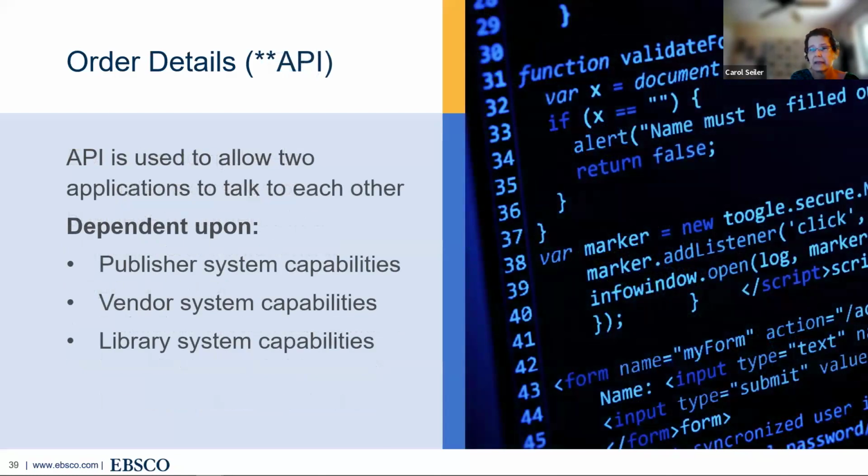Then there's also API. API is a newer kid on the block. This is when applications talk to one another, not just computer to computer, but application to application. This is often used with, say, renewals. You might want to download the renewal decisions you've made and have it post automatically into Alma, Folio, Sierra, etc. Or your ordering decisions, automatically posting it.